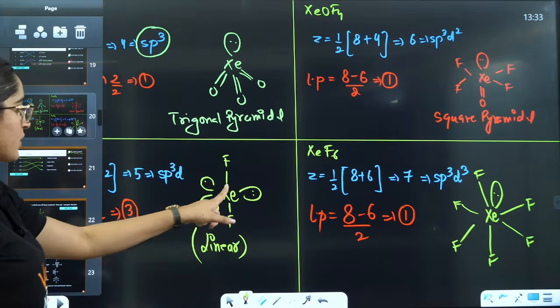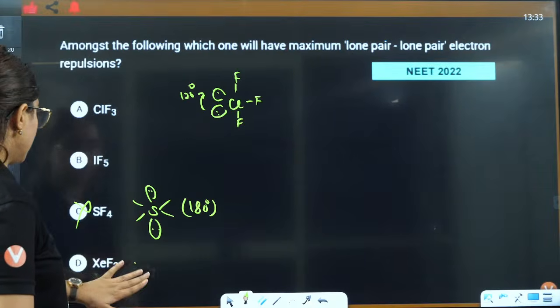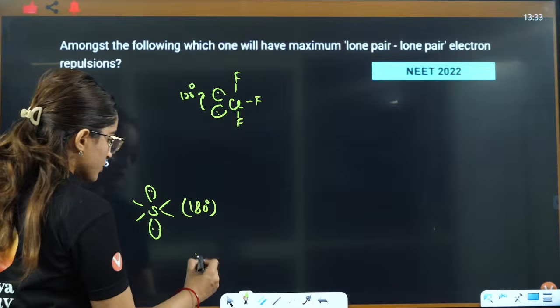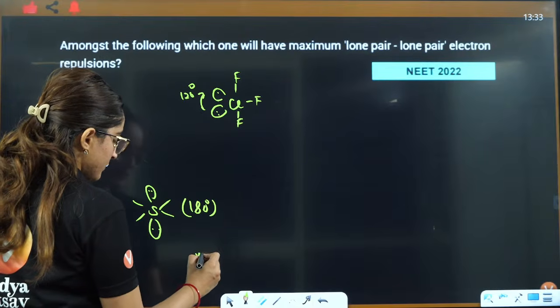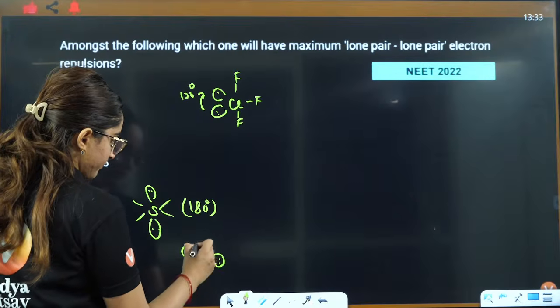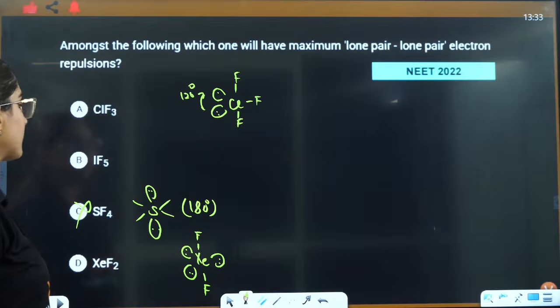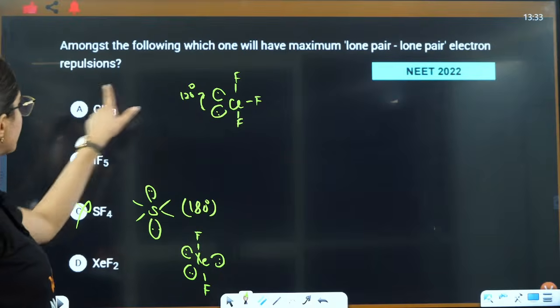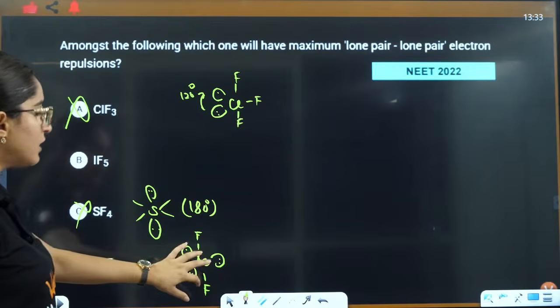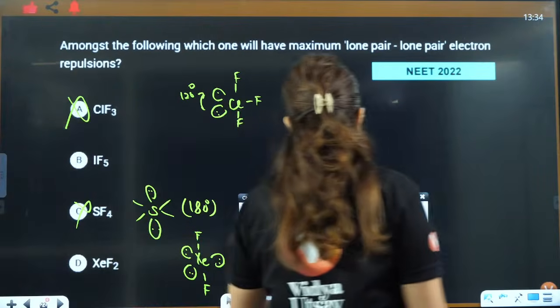It was this situation with three lone pairs at 120-degree angles. But three lone pairs are there, right? Then ClF3 will also be eliminated, because here three lone pairs at 120 is going to be more as compared to that.